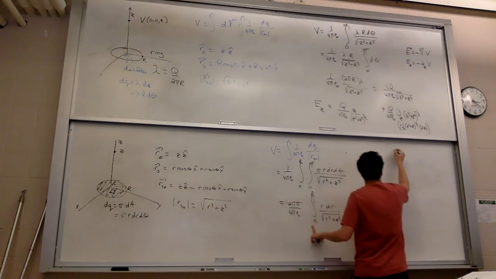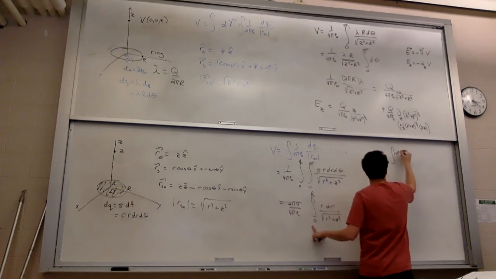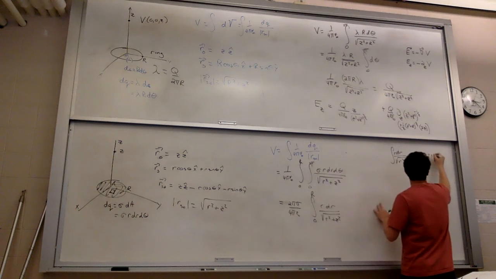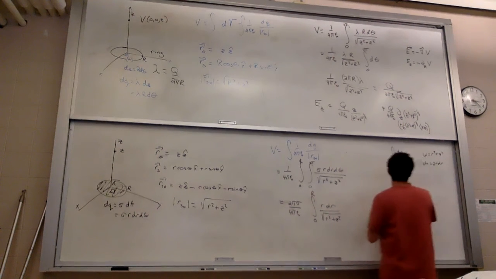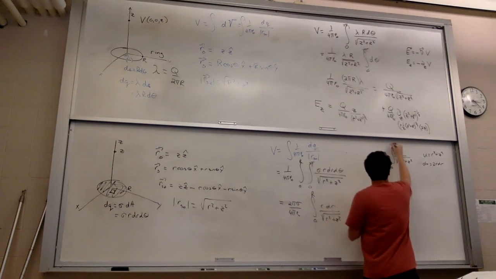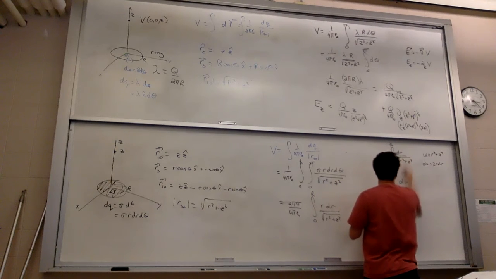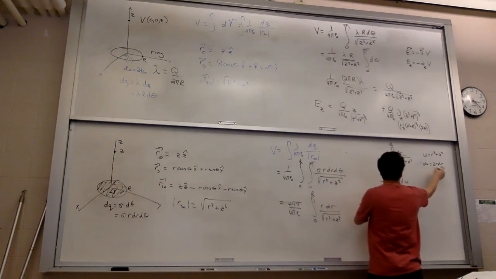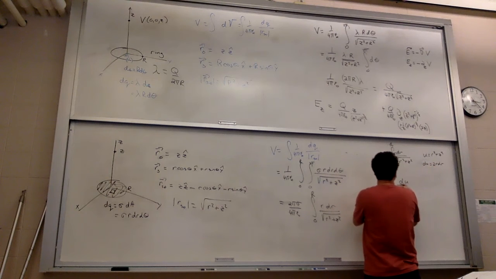So here, r dr over the square root of r squared plus z squared. Make u equal to r squared plus z squared. du is 2r dr. So this becomes the integral of half du over u to the 1/2.